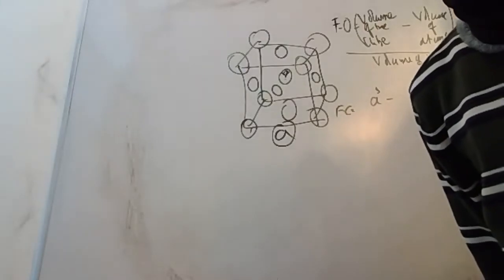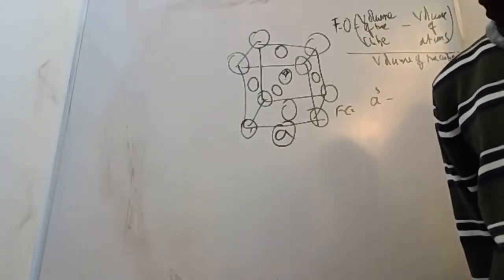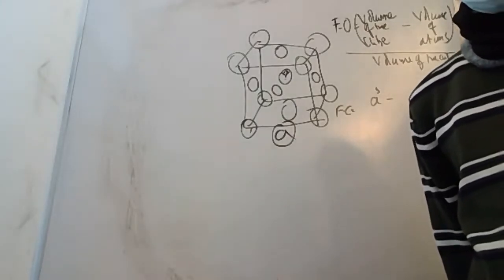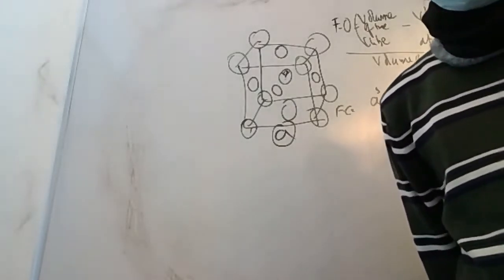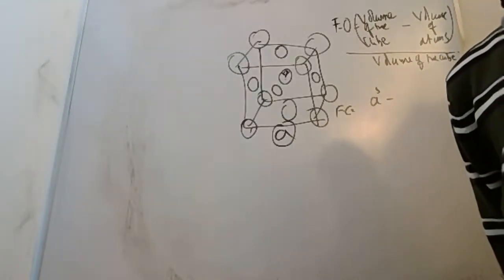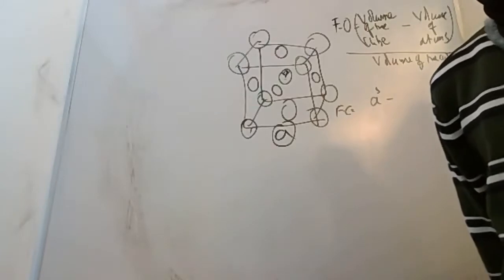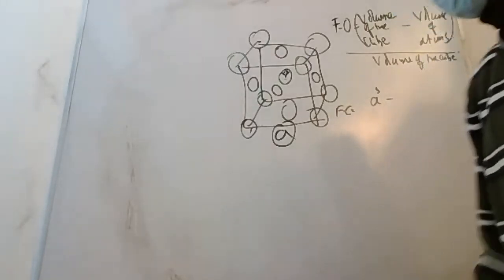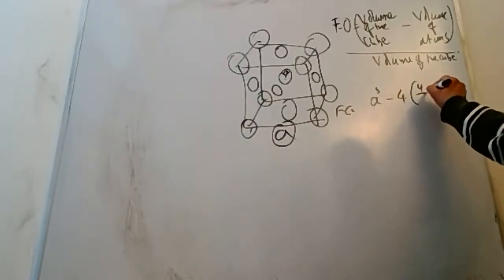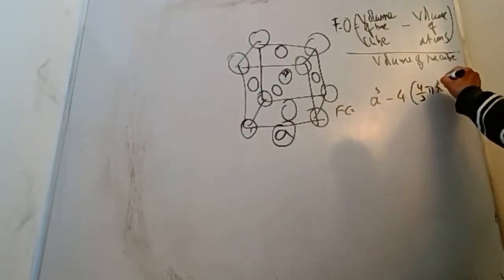How many effective atoms do we have in the face-centered cell? What did we say? Was it effective 4? 4, very good. So I have 4 atoms and each atom has 4/3 pi r cubed.